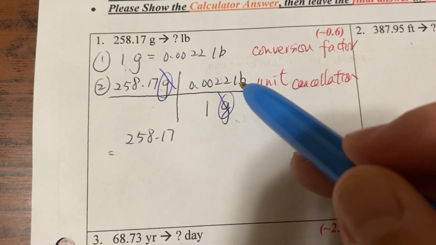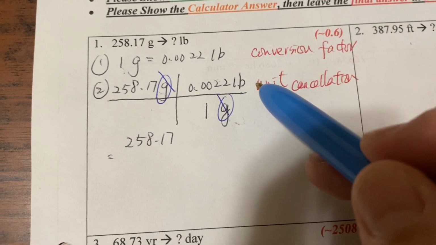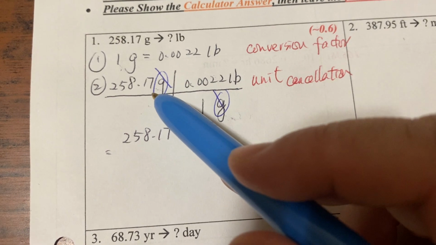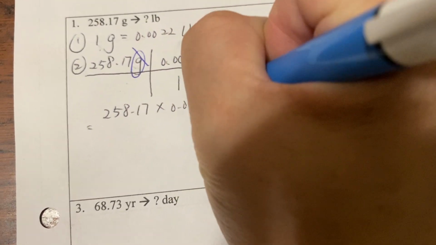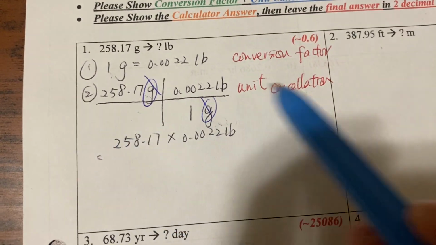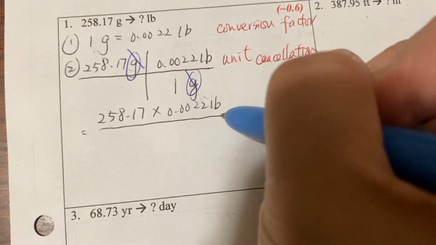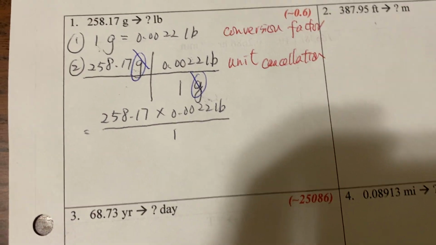This should be multiplied by 0.0022 pound, because it's on the same row, the same level as 258.17. I still have the lb because I did not cancel it. Now I have a fraction line, so I'm going to put a fraction line over 1. And the gram is gone.